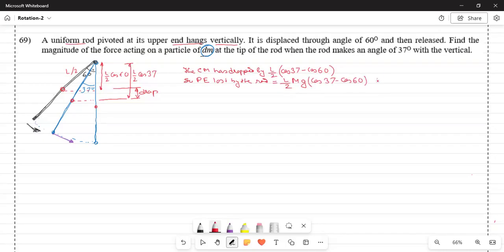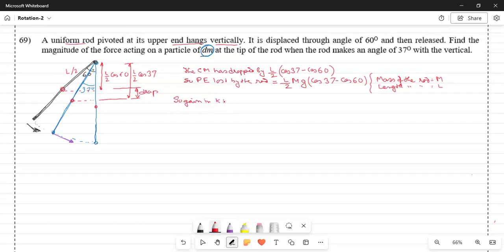Here I have considered the mass of the rod as M, and the length of the rod as L. This is the consideration I have taken. So if this is the loss of potential energy, the same is the gain of kinetic energy.